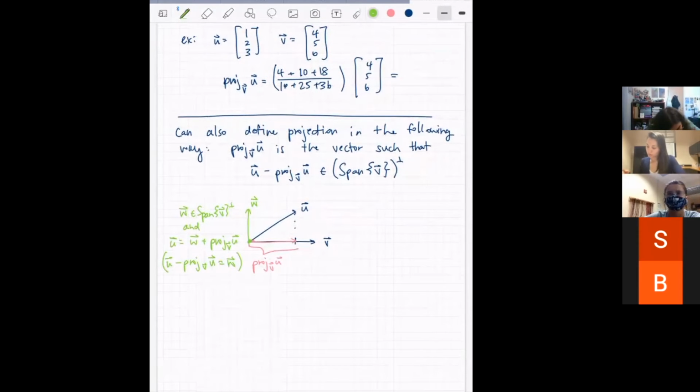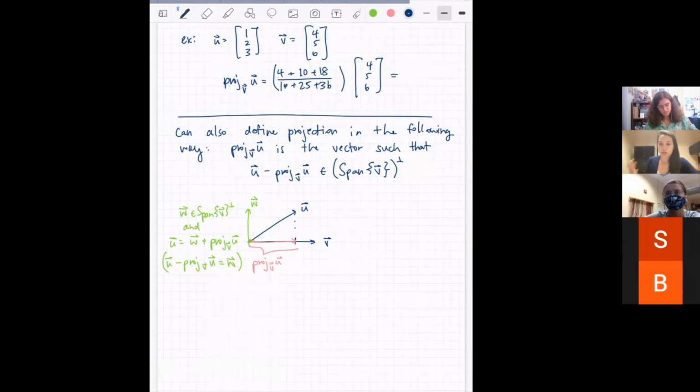Okay. So the reason why we might want to define the projection in this way is because it will generalize to projections on higher dimensional subspaces. So we can think of this as projecting onto the subspace of the span of V, right?